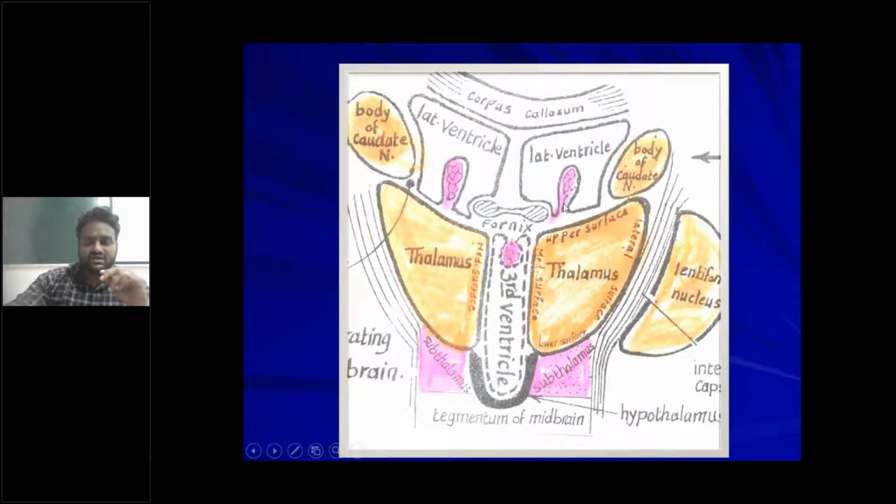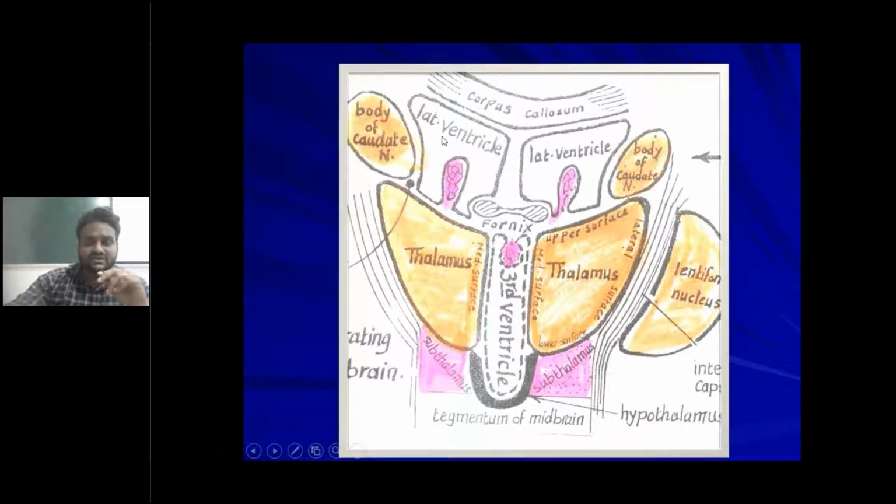Now this is the coronal section through the two thalami. In this picture we can see the corpus callosum above, and here you see the two thalami, right and left. In between them we can find the third ventricle, the cavity of the diencephalon. Above the thalami you see the fornix with the septum pellucidum.